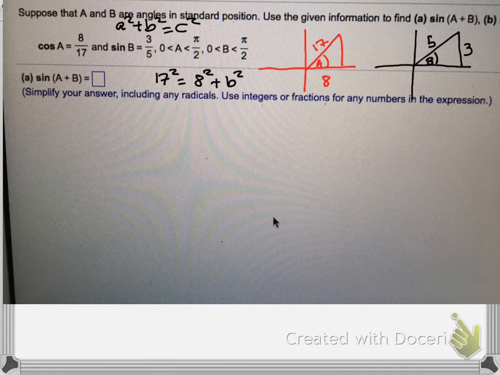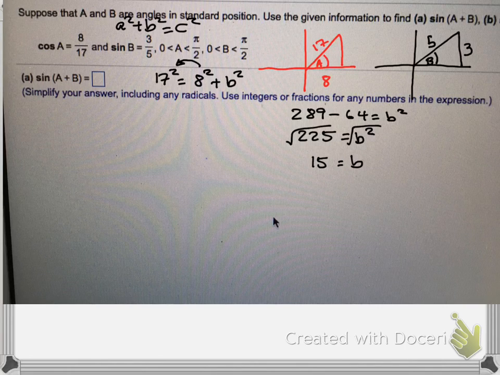So 17 squared is 289. 289 minus 64 is 225, which equals B squared, so the square root, in this case, we are in quadrant 1, is 15. So that makes the sine of angle A opposite 15 over 17.